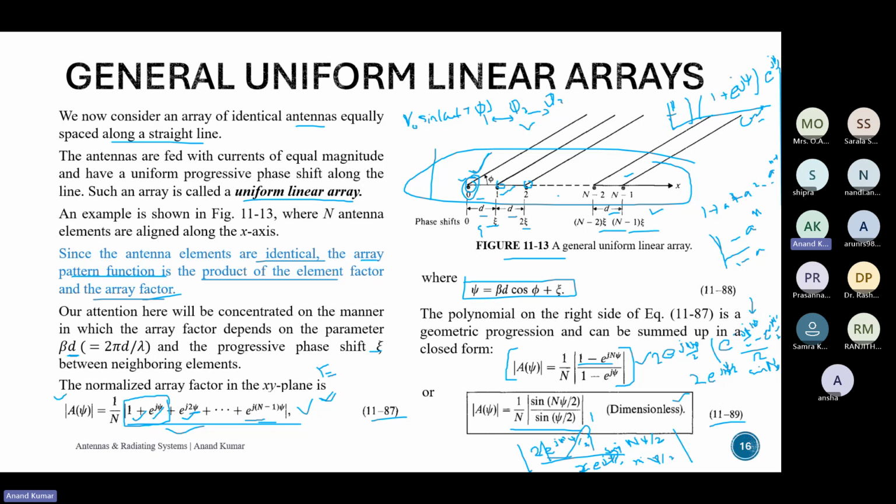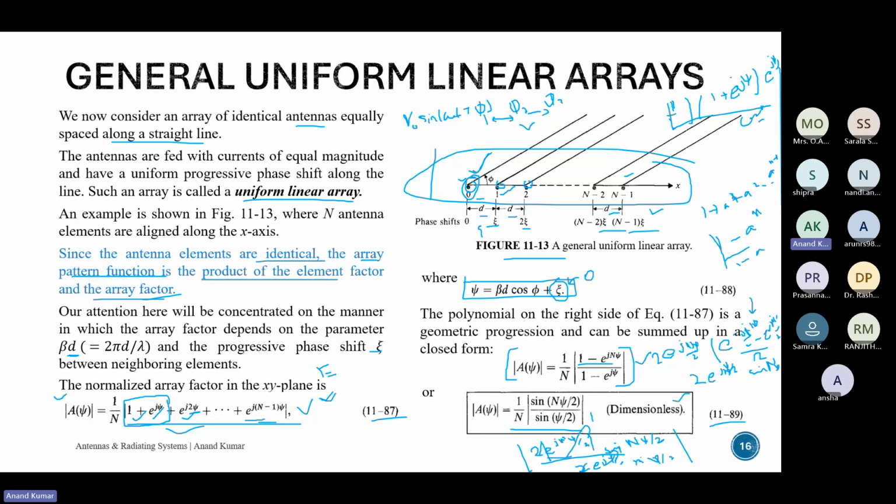So if there is some phase shift, it is represented by xi over here. And if this becomes 0, then all of these are being fed with the same phase signals. Was I able to make this clear? Any follow-up questions, Shipra? No, sir, thank you.